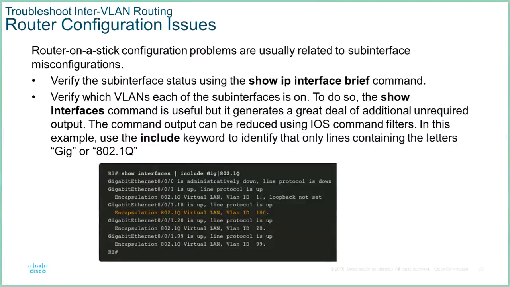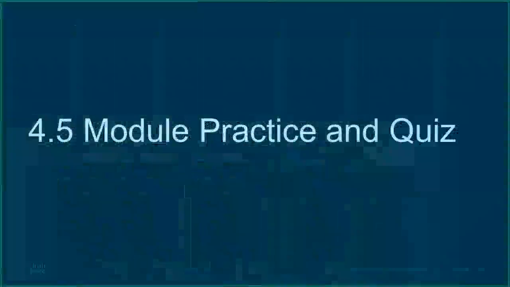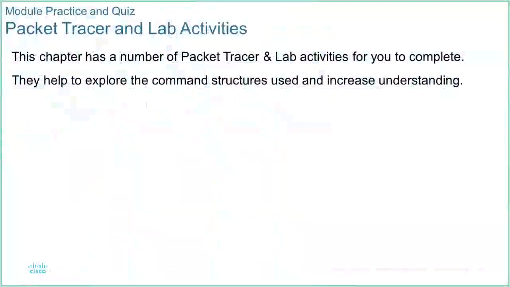So we've got a problem because the subinterface 1.10 was configured with a VLAN ID of 100 rather than 10. So simple typos will be our most common mistakes in configuration, and that's across the board with any configuration we do.